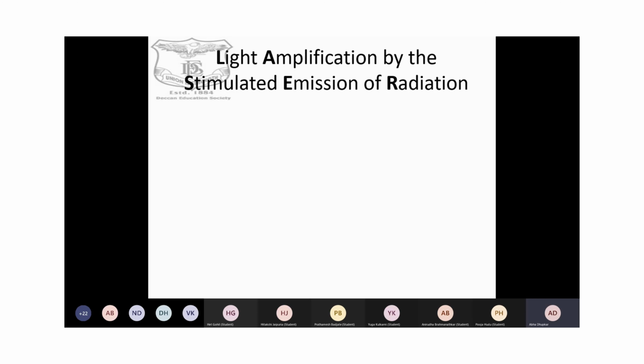It has occurred when a beam or a photon of light has stimulated surrounding atoms, and it has caused those surrounding atoms to also emit photons of light. So that is light amplification by the stimulated emission of radiation. We are going to need to stimulate the radiation and therefore amplify it.